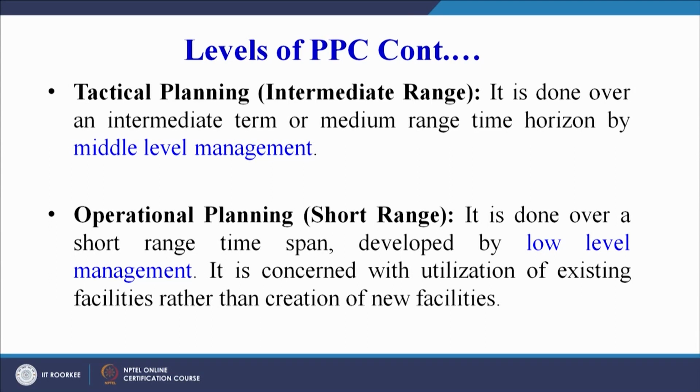The second level of planning is tactical planning, which is the intermediate range planning. It is done over an intermediate term or medium range time horizon for middle level management. There are other terms also used for tactical planning. Some people call it corporate level planning also.